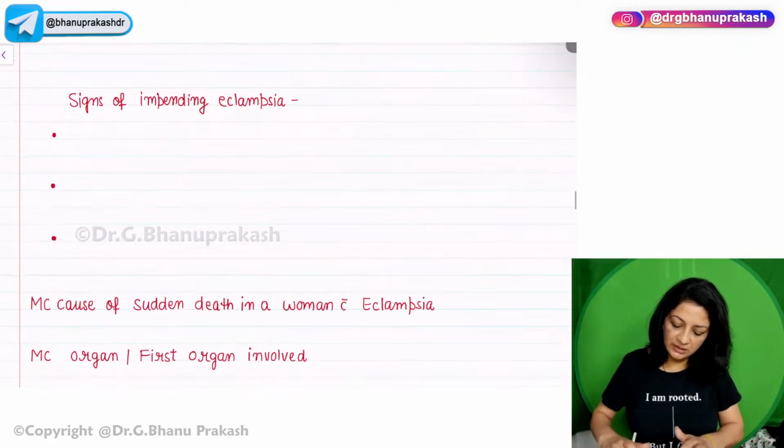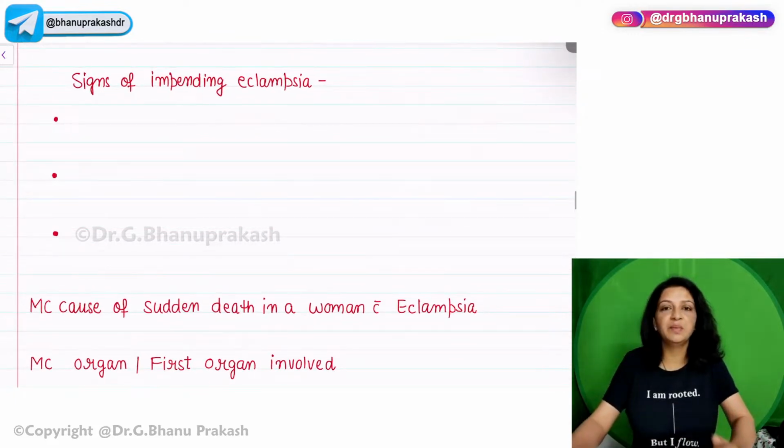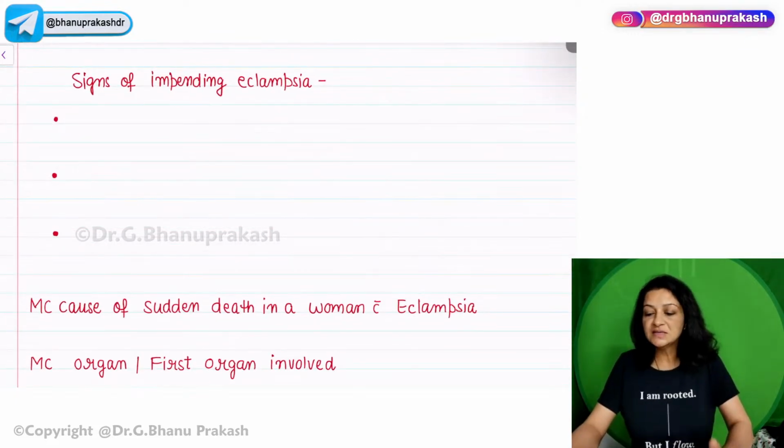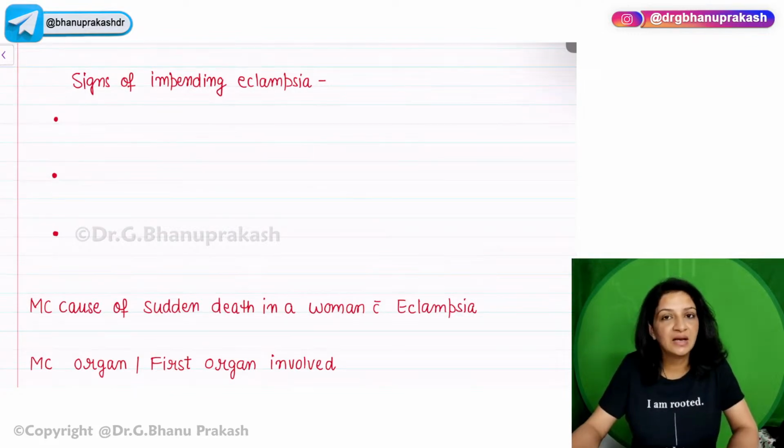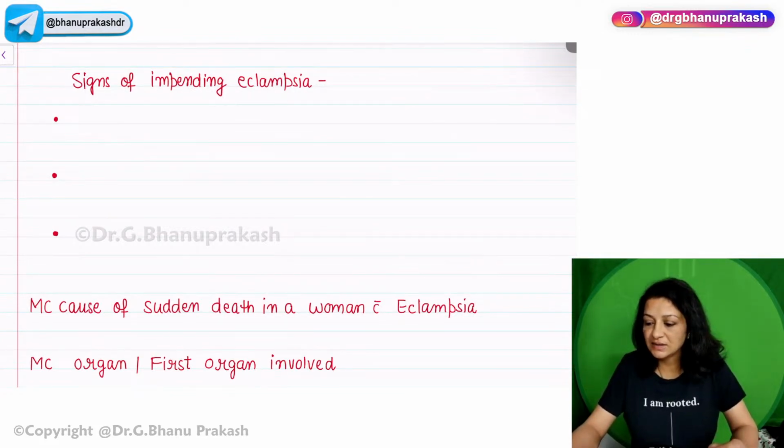So next point is signs of impending eclampsia. Means आपके पास patient आया है pre-eclampsia का, but what are the signs कि जिसे हम देख के कह सकते हैं कि patient को seizures आने वाले हैं.